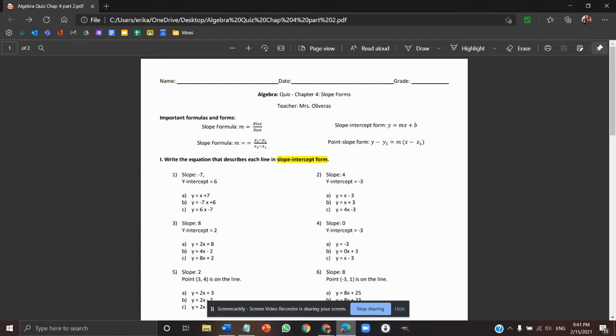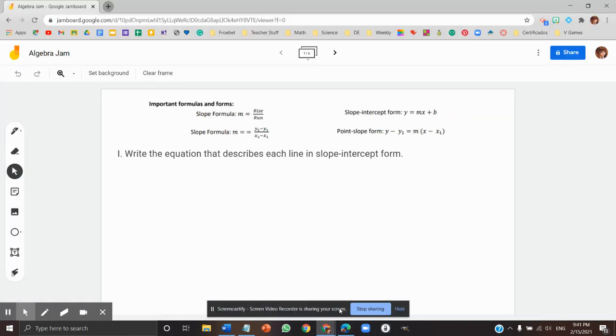So let's do some exercises here. Here we go. For example, and again, I have there the information about the important formulas that we're going to be using.